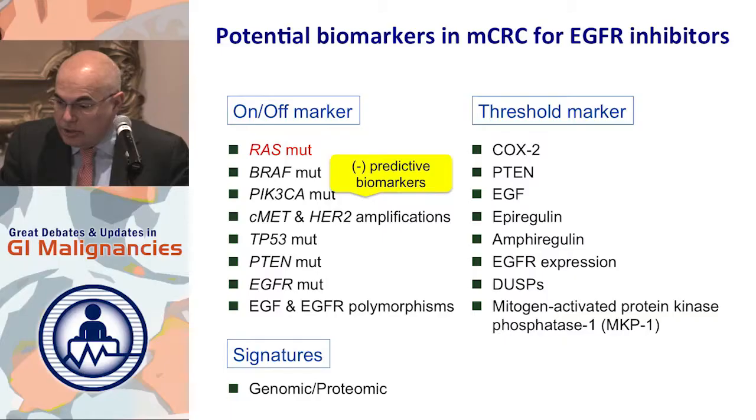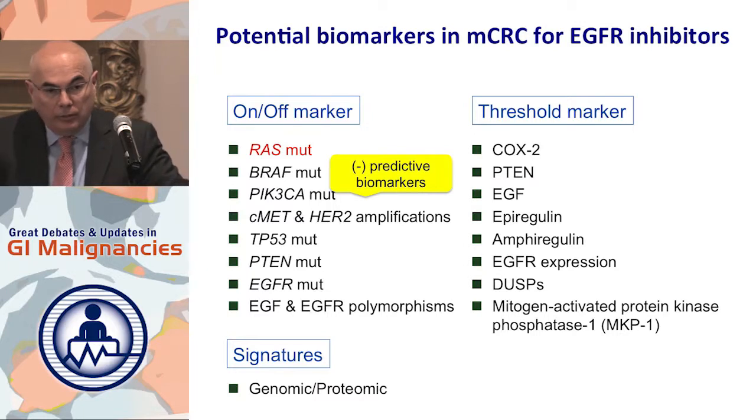Remember from the previous slide, it was only 2%, 3% in patients that are naive, up to 10% of the patients when they have been treated with EGFR inhibitors. Obviously, all these markers are negative biomarkers or negative predictors of activity. But this is what we have at least for EGFR inhibitors.